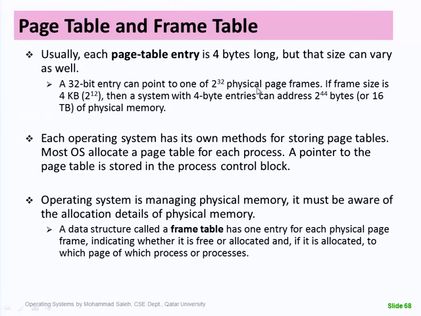If a frame has a particular size, for example 4 kilobytes, which is 2 to the power 12, each of them is of size 2 to the power 12, which means we can reference 2 to the power 44 bytes of physical memory. That is 16 terabytes of memory, which means 4 bytes is more than enough as the size of an entry in the page table.